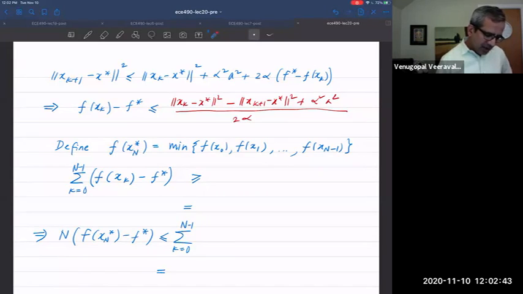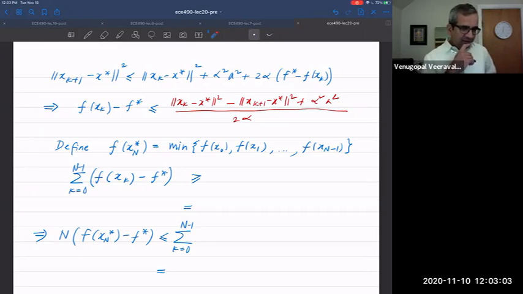So xn star is the value of x, among all the values of x that I've seen in the past up to time n minus 1, that gives the smallest value for f. So that's my f of xn star.